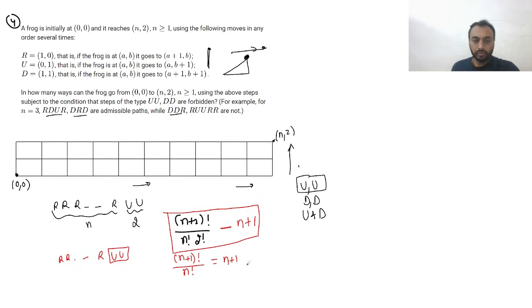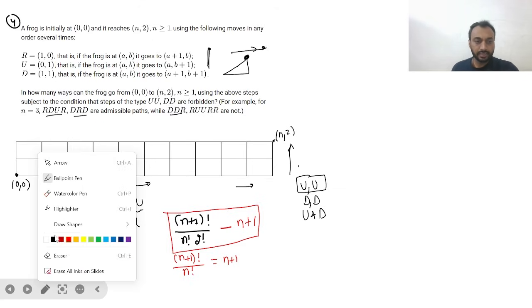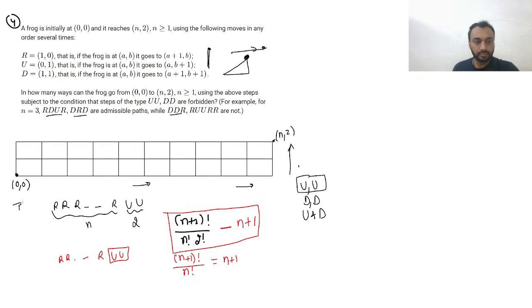The second case is when we use 2D. In 2D, basically we are going 1 unit right and 1 unit up.